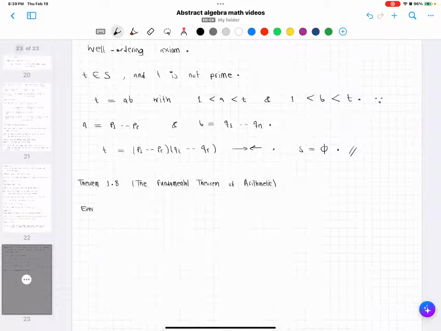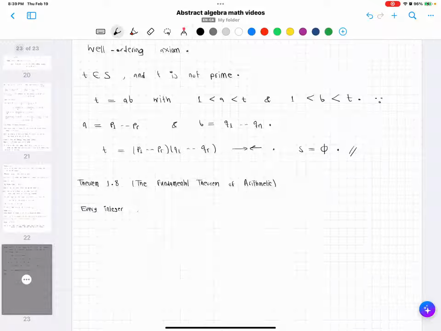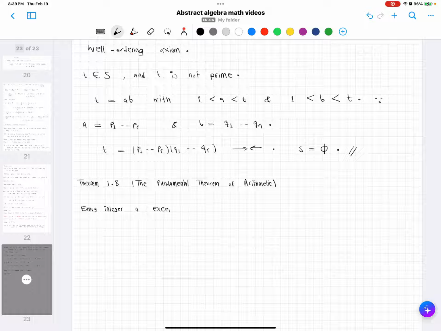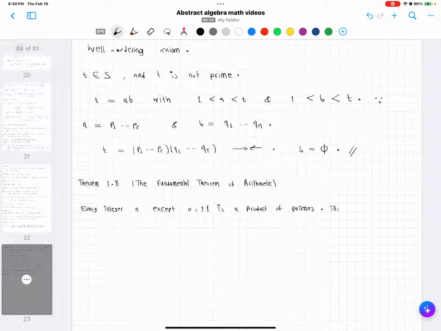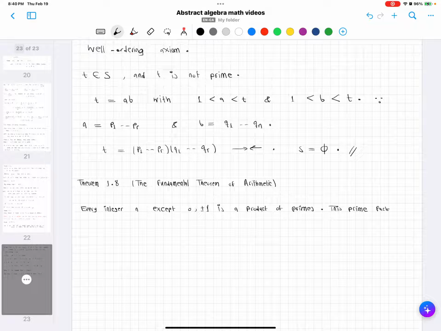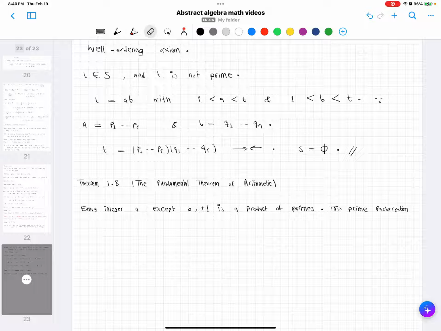So every integer n except 0 and plus or minus 1 is a product of primes, and this prime factorization is unique in the following sense.